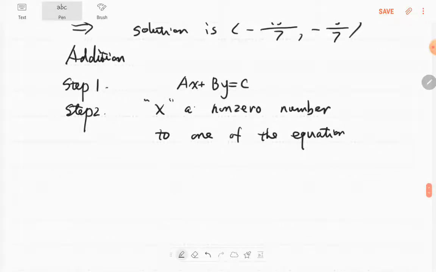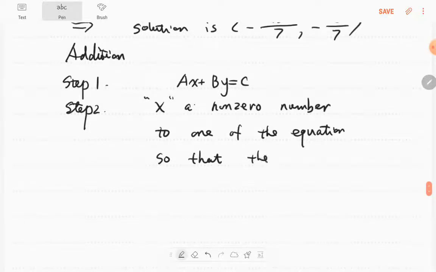Why we should do the multiplication? Because if we multiply a non-zero number to one of the equations, so that the coefficient of one variable, because we have two equations, right?